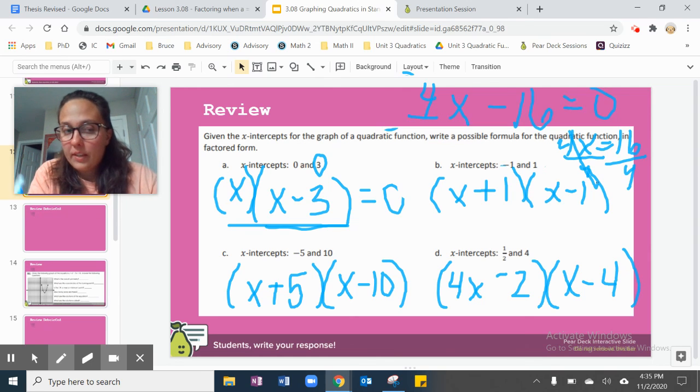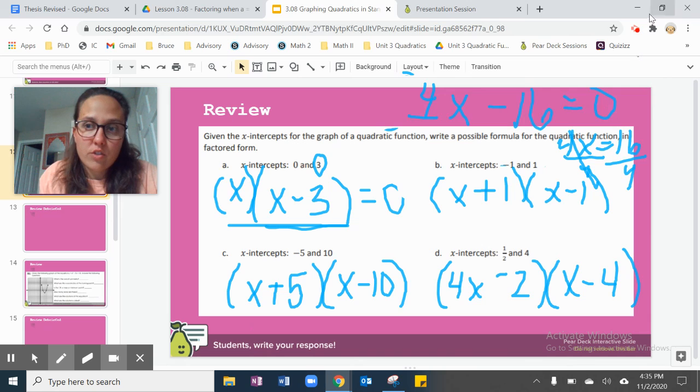But again, x minus 4 is also perfectly fine. There's just a lot of ways to do this if you want to play with fractions and practice your numeracy skills with fractions.